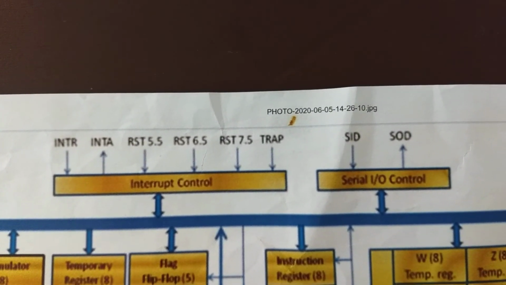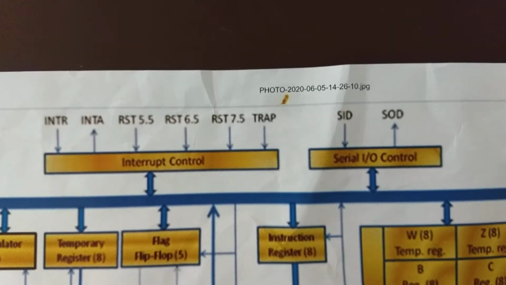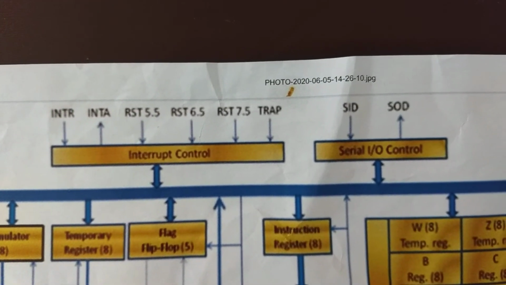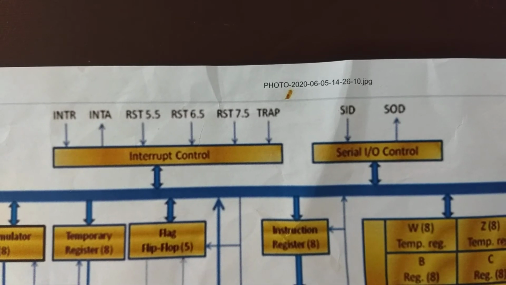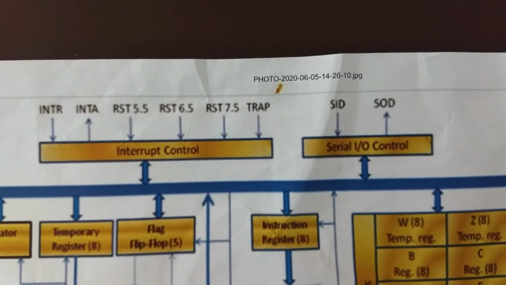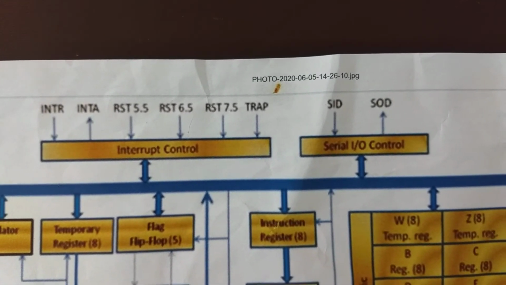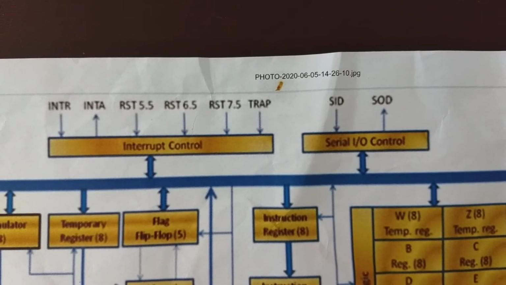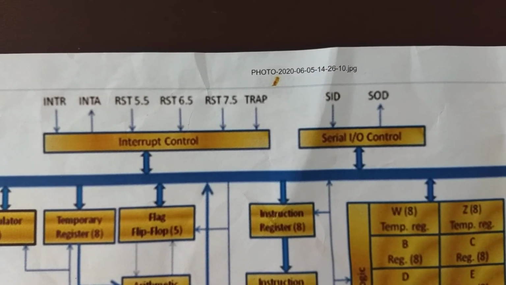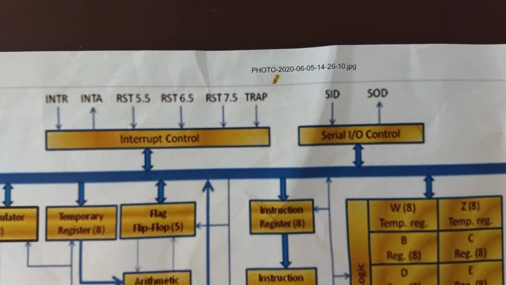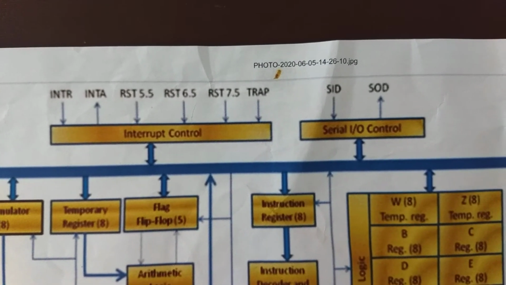Now the next is the interrupt control. Sometimes while performing any operation, some interrupts are possible. So these are the different interrupts: INTR, INTA, then RST 5.5, RST 6.5 and RST 7.5, and the last one is TRAP. These are the different interrupt controls.